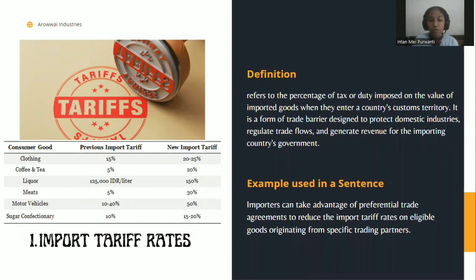Import tariff rates refers to the percentage of tax or duty imposed on the value of imported goods when they enter a country's customs territory. An example sentence: importers can take advantage of preferential trade agreements to reduce the import tariff rates on eligible goods originating from specific trading partners.